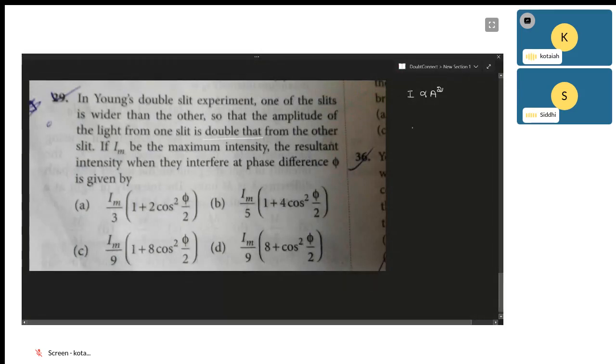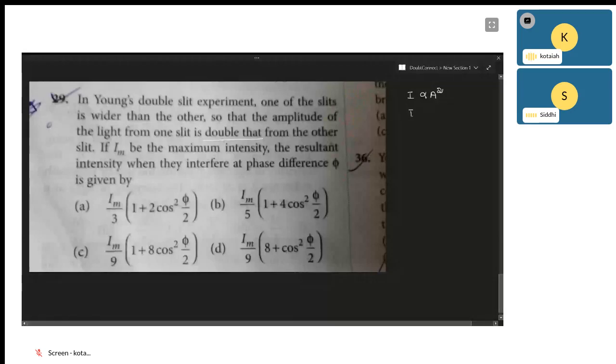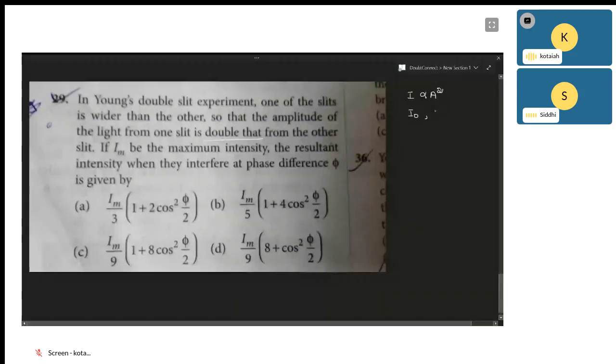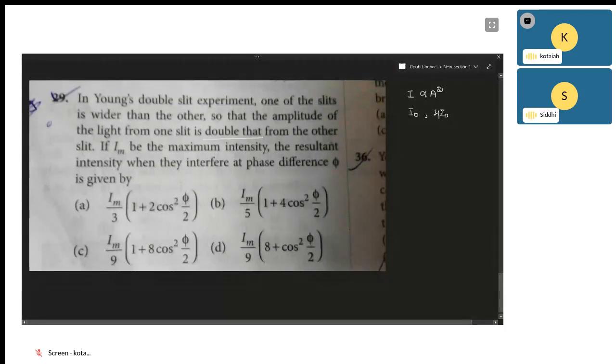So can I say if intensity of first one I take I naught, intensity of second one, can I say 4 I naught? Amplitude is double means intensity will become 4 times, right? Proportional to a square.